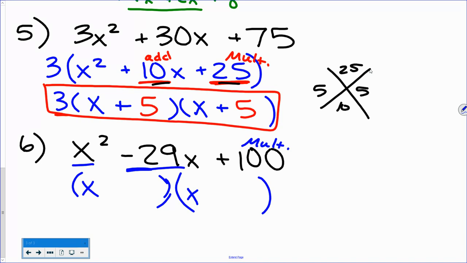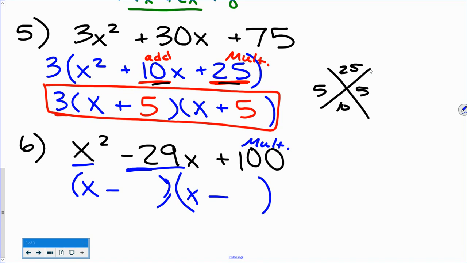So sometimes I'll put my signs in there first because I'm thinking about if I'm multiplying to a positive number but adding to a negative number, the only way that can happen is if both of those are negative, right? Two negatives will make a positive, but if they're both negative, it's still going to combine to a negative number. All right, so sometimes I like to throw my signs in there first.